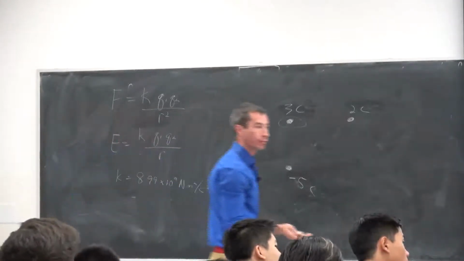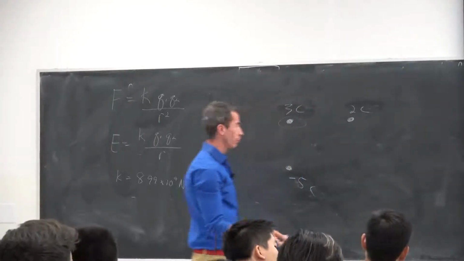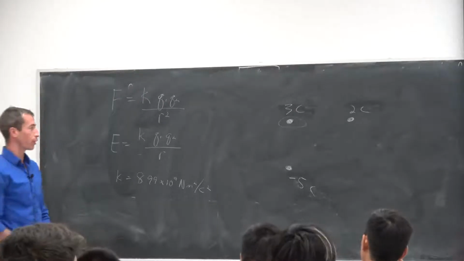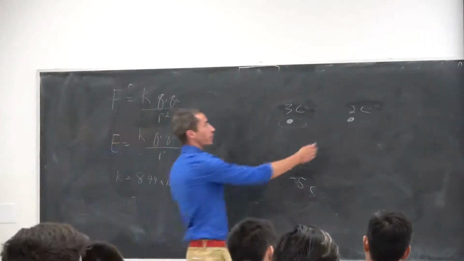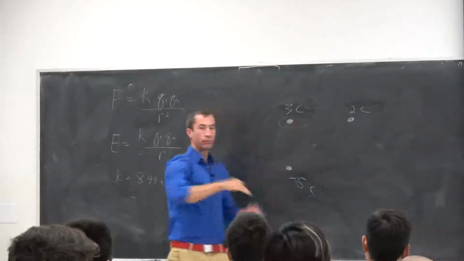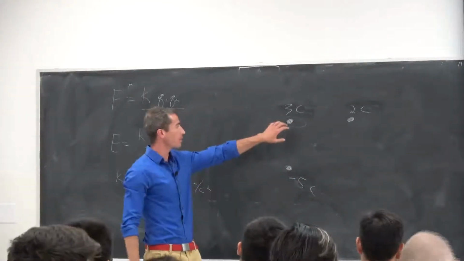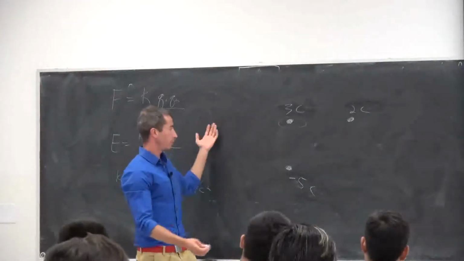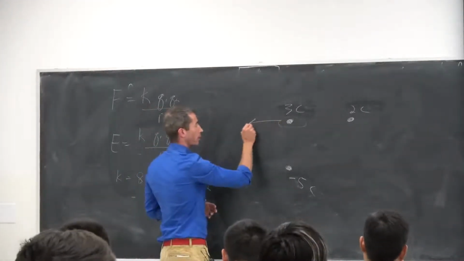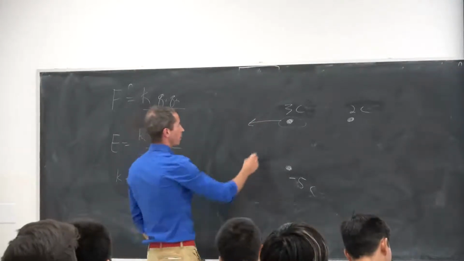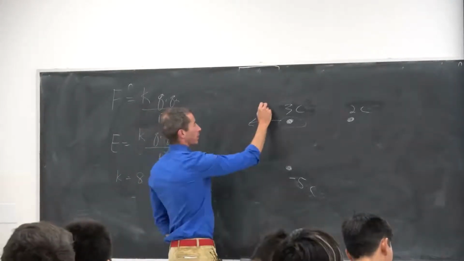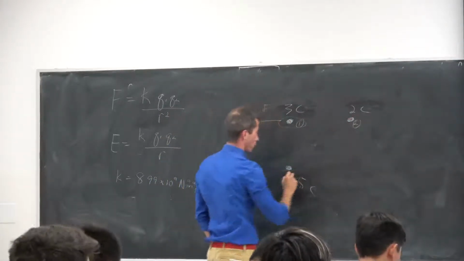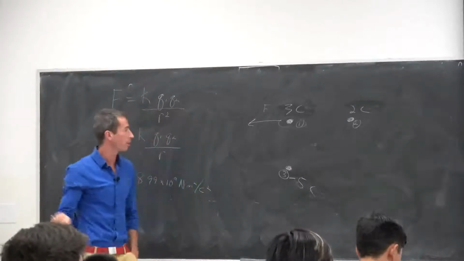What's that? Sum of the forces equals MA and then you just draw directions. Okay, so yeah, it's in the right direction, right? So what are these two going to do? They're going to repel. So what's the net direction going to be on this one? That way. Right? So this one's going to go this way. And so this is going to be the force here between, so let's just call these points 1, 2, and 3 generically, right?